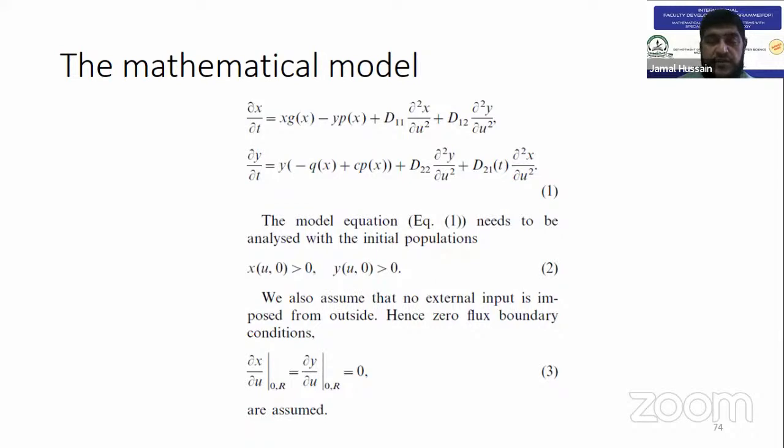The last two terms are due to diffusion. Self-imposed diffusion is used. Okay. So for the first one, if Y is present, then its growth will decrease because of this negative term. If Y is present, that means what? X must be the prey. When Y is present, its rate will decrease. Okay. So X is prey, Y is the predator.